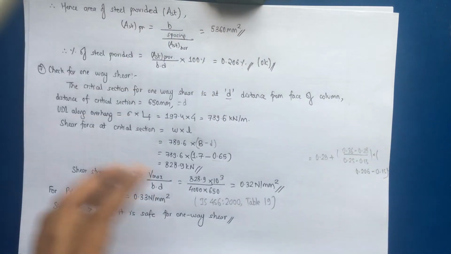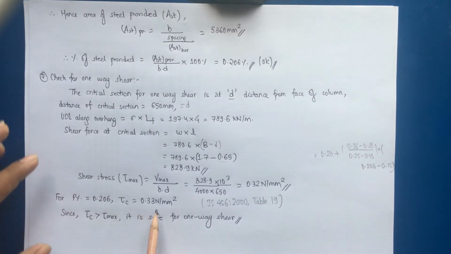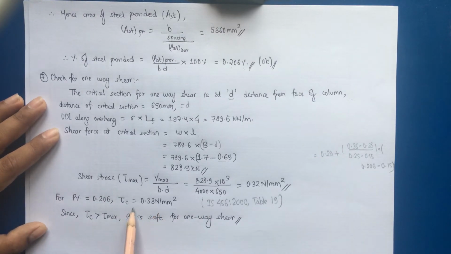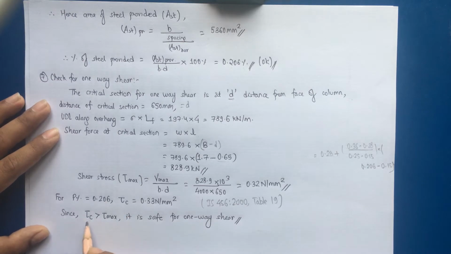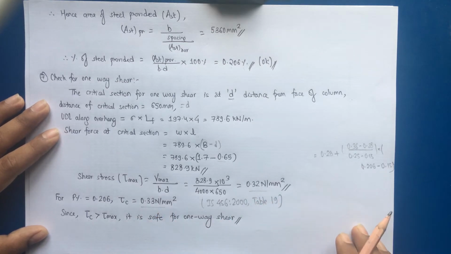On solving this, we get the value as 0.33 Newton per mm square. So this is the shear strength of concrete. Since tau c is greater than tau v max, it is safe for one-way shear. As you can see from this value, it is safe for one-way shear.